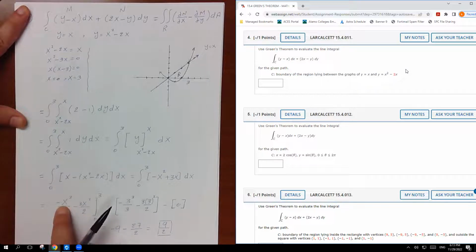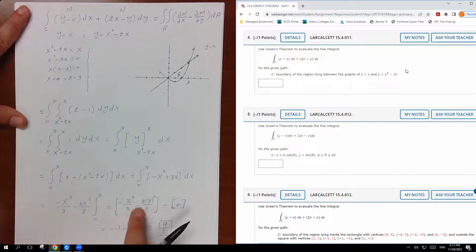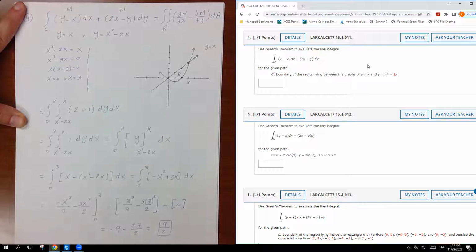Plug in the 3, so it's going to be negative 3 cubed over 3 plus 3 times 3 squared over 2, which is equal to negative 9, because 27 divided by 3 is 9, plus 27 over 2, which is going to be 9 over 2. Let's check that.